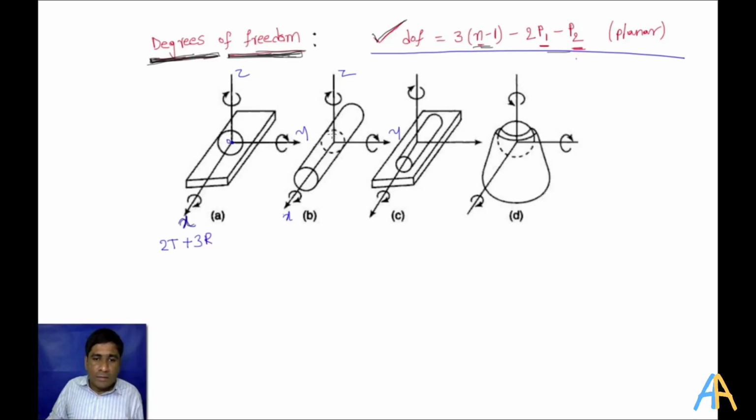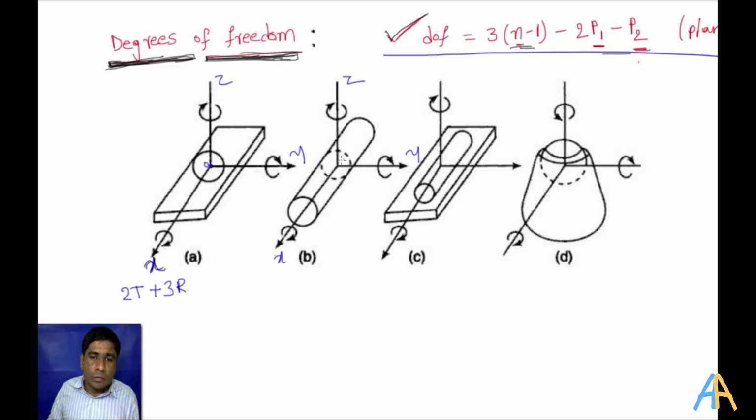And if you consider this example again, we have a sphere inside a hollow cylinder, and we would like to find out how many degrees of freedom this sphere has. The sphere can translate only along the x-axis, because this is a hollow one. It can travel in this direction, but it cannot travel along the y-axis and the z-axis. So it has only one translation.